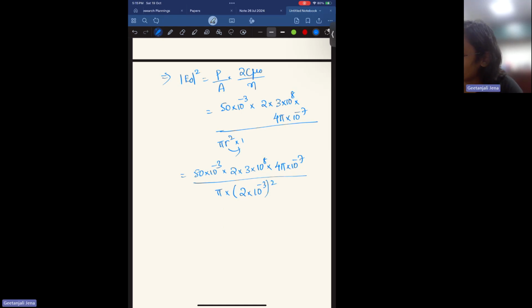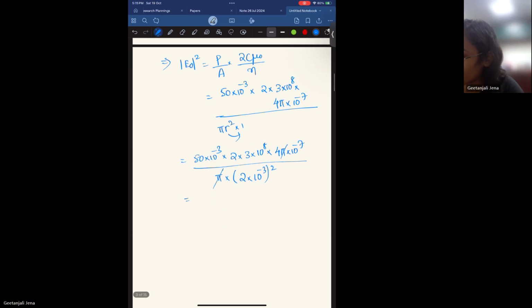So if you solve it, you will get a value around, this pi will cancel. So this is 100. That means this is 3 into 10 to the 7.